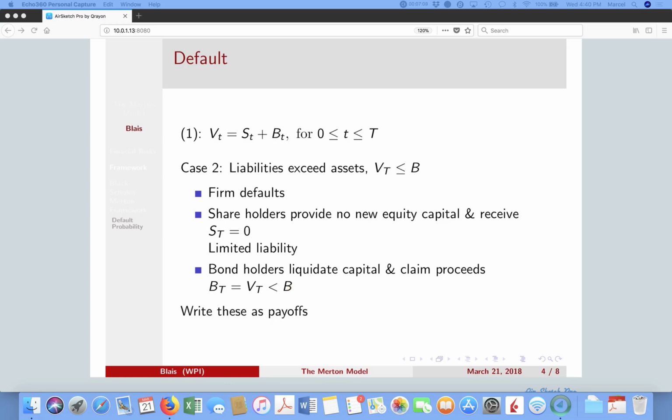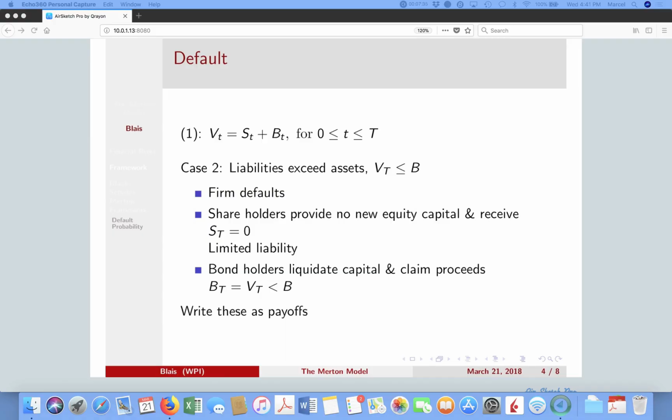So a simple way to think of it is the bondholders liquidate the building, the desks, the computers, any assets that the firm has, turn that into cash, and then take the value of that as a partial payment at time t. So mechanically, that's how things work.